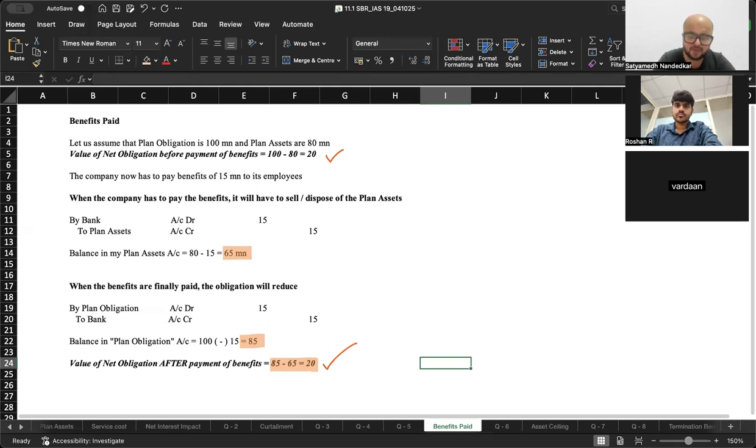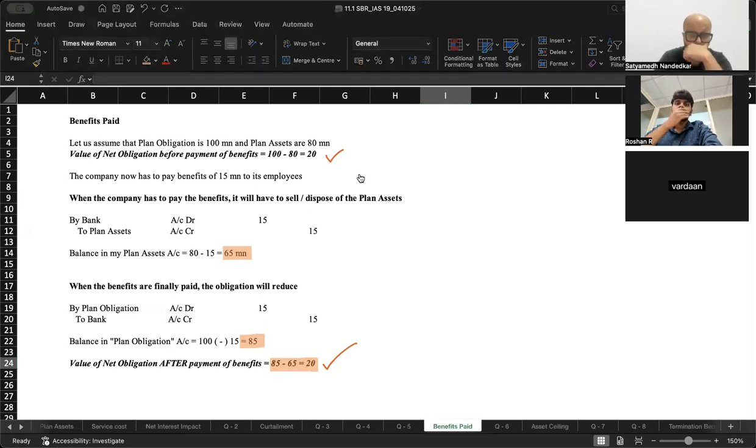Observe this once. Done so. Make sense? Chalo.